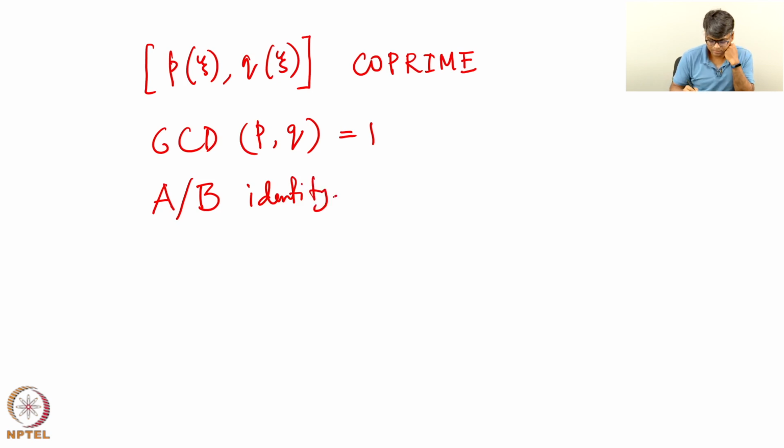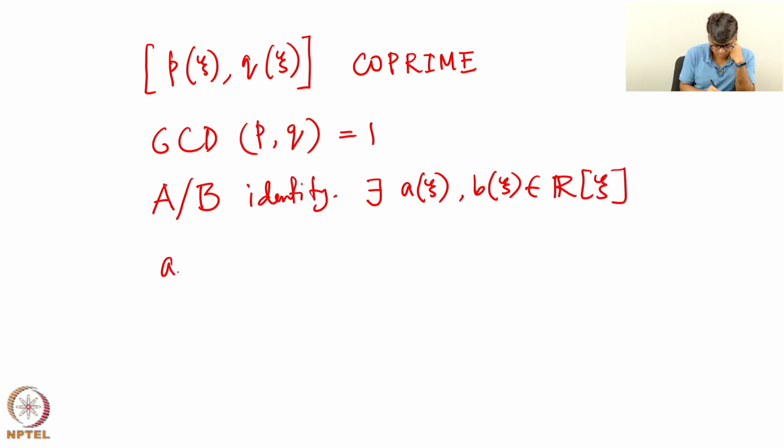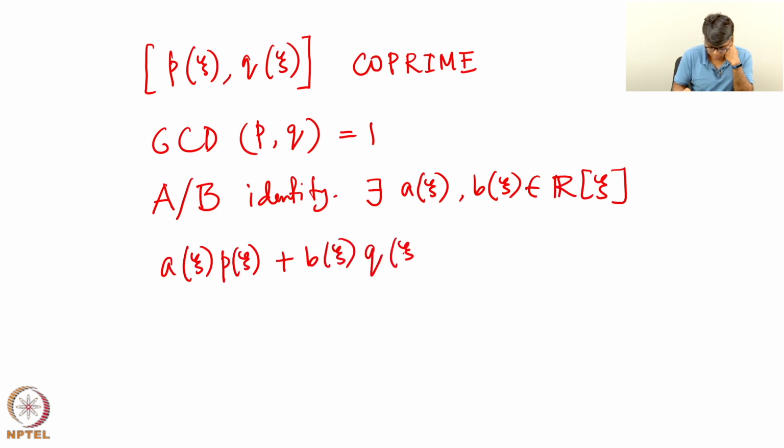It says that there exists a polynomial A psi and another polynomial B psi such that A psi P psi plus B psi Q psi is equal to 1.